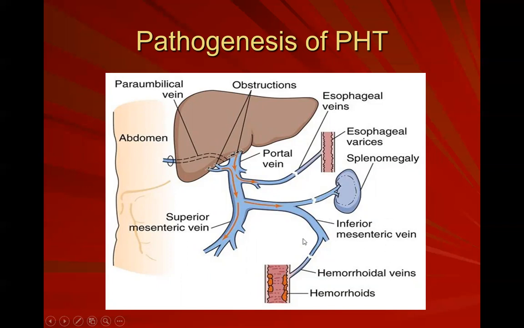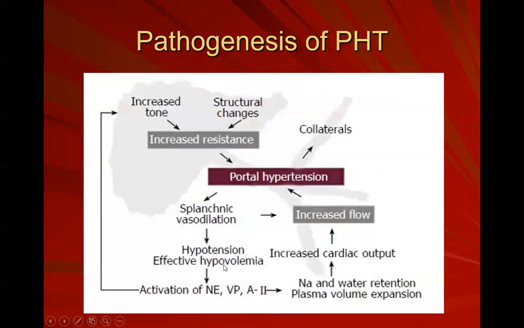It can go into the inferior mesenteric vein and cause hemorrhoids in the anal canal. So this is the pathogenesis of portal hypertension. Usually you should cover that in the physiology lectures, right? Did you cover that already? Okay.